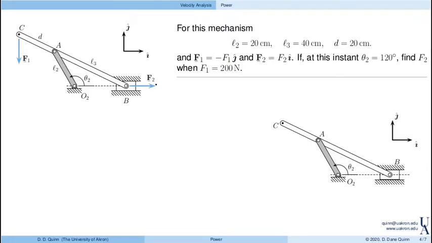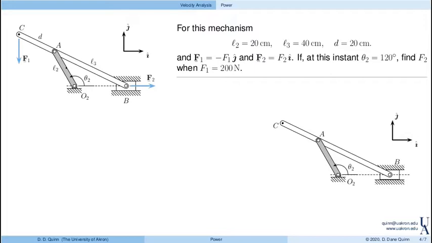Again, you could do this with momentum balance, right? So the sum of the forces equals zero, the sum of the moments equals zero. You'd have a bunch of reaction forces at every single pin. You'd have constraint forces here at the slider. You get a bunch of equations and then you could go and solve.